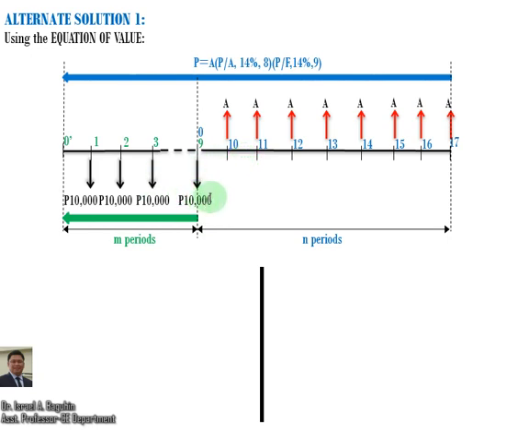So using the equation of value actually, we have now this m periods and this n periods, and we are going now to calculate the value of our annuity. Okay, so here in this alternate solution, we will consider the equation of value. If you can still recall from our previous topics, when you involve equation of value, actually we are dealing with a set of obligations.